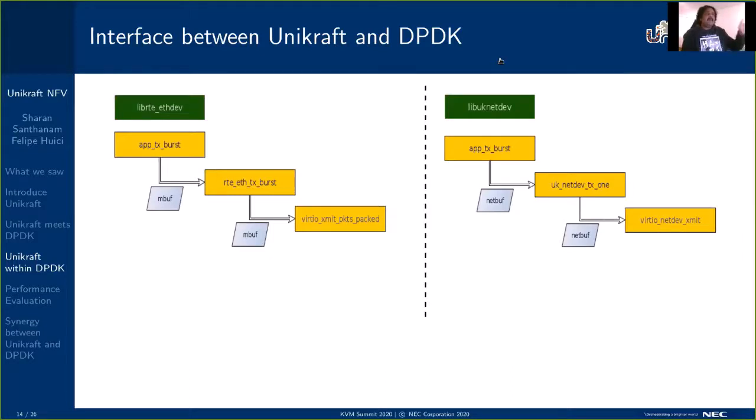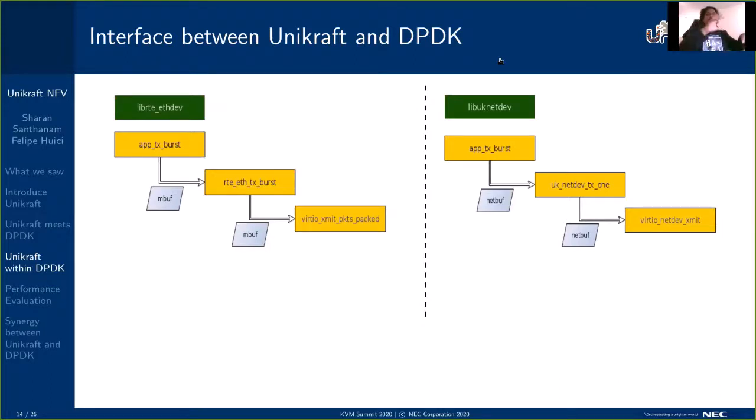On the left, you have the DPDK workflow, and on the right, you have the Unikraft workflow, where an application wanting to send calls the rte_eth_tx_burst in DPDK and uk_netdev_tx_burst, and then it calls the virtio drivers to send the data out. Also here, DPDK libraries handle mbufs, whereas Unikraft libraries handle netbufs. So there is a difference in data structure between the two libraries.